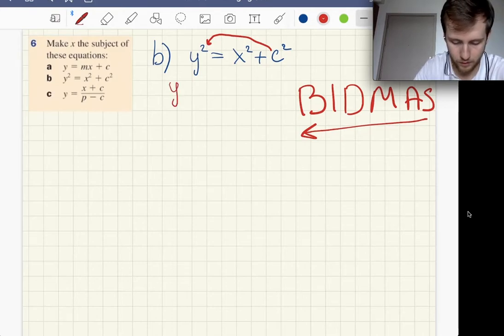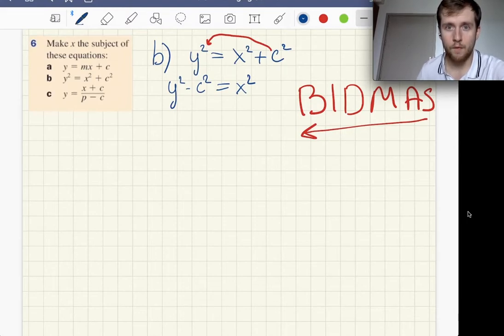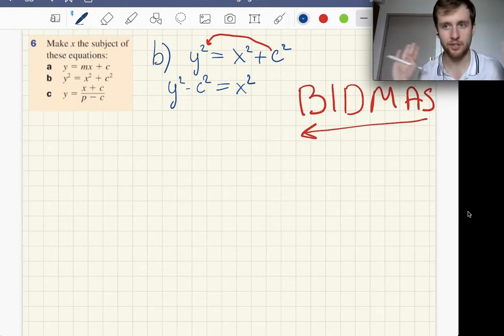So we get y squared minus c squared is equal to x squared. Like this. And now you see it's x squared, but we have to use only x. X squared doesn't work for us. It has to be exactly x, nothing else, just x.